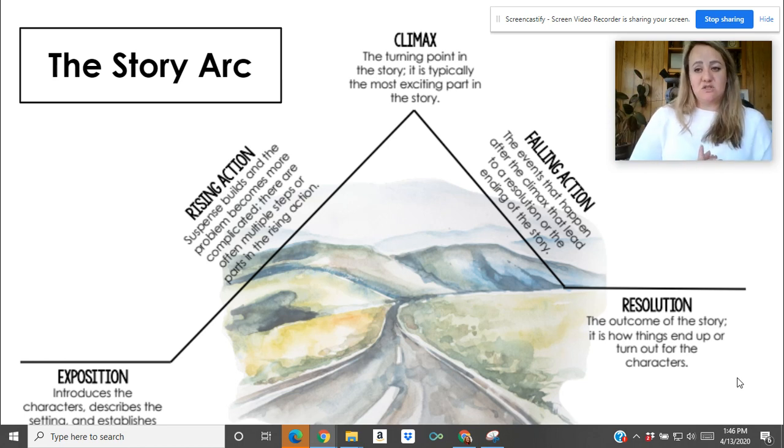So again, let's use Fish in a Tree as our example. In the rising action, we're starting to see more of the problems that Allie has in school. We're starting to see more of that relationship with Shay and why it's such an issue.